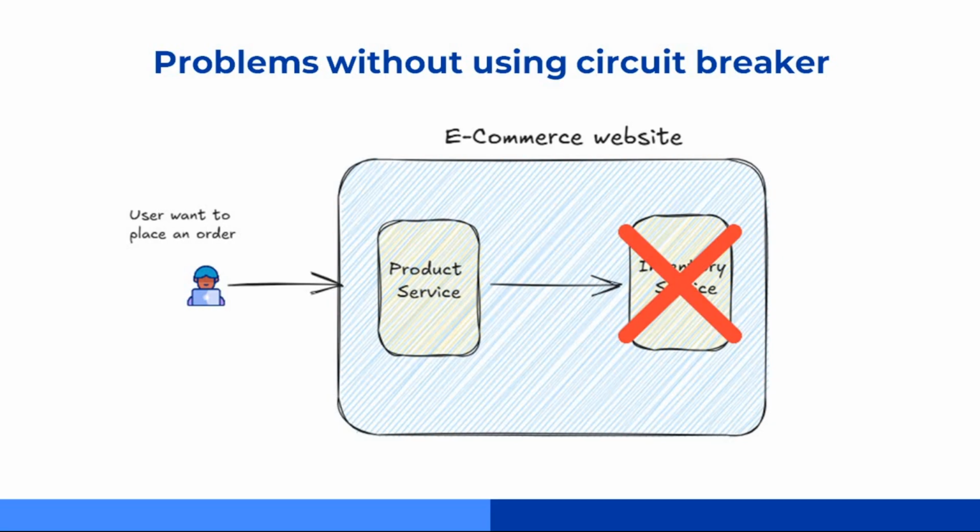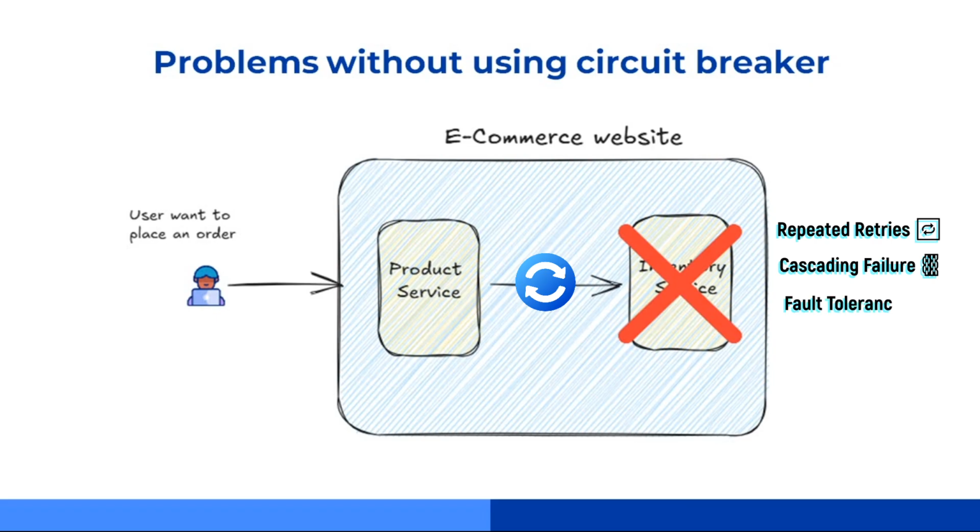But the product service doesn't know immediately, so it keeps retrying again and again. These retries consume resources, pile up, and soon the whole system starts slowing down. This is called a cascading failure. One service fails and it drags others along with it, risking the entire system.